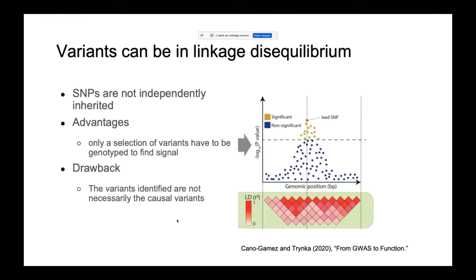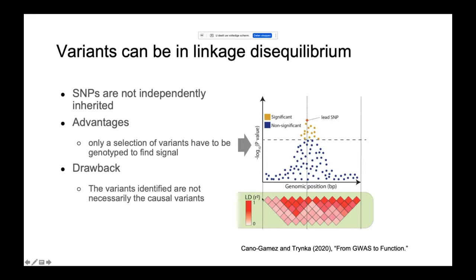So variants can be in linkage disequilibrium, meaning that these variants are often inherited together to offspring. So here we have a figure wherein the genomic position is on the x-axis and the log transformed p-value is on the y-axis. And this is more or less the common way to visualize genomic associations.